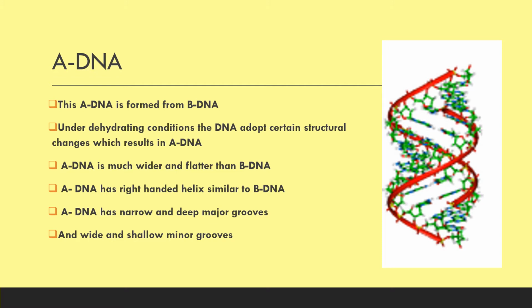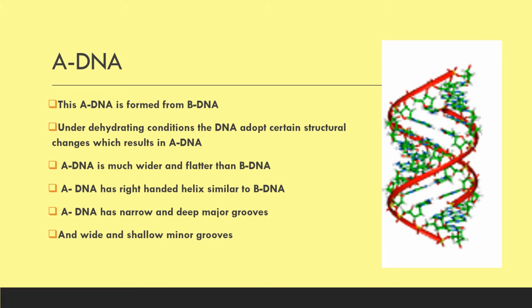This aDNA is much wider and flatter than bDNA, and aDNA has a right-handed helix similar to bDNA. aDNA has narrow and deep major grooves and wide and shallow minor grooves. So we have seen some of the features of aDNA. There are more features, but we will discuss them in the comparison chart, so from there you can clearly understand the difference between aDNA, bDNA and zDNA.